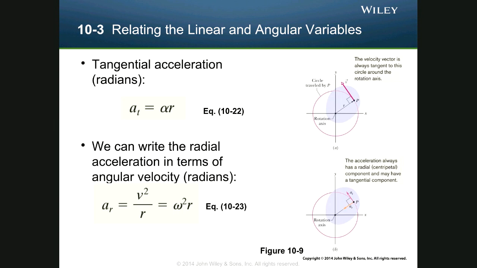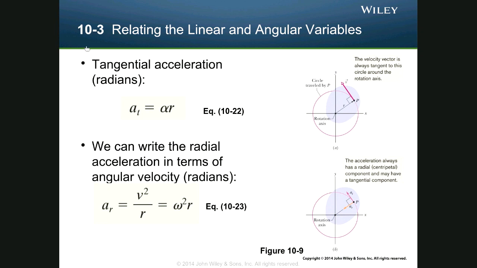And now we have the more formal version of the tangential acceleration, which we derived in the last slide: a_t equals alpha r, from just taking that derivative. But we also have a very different radial acceleration, all right? And you'll notice that the radial acceleration can be written in terms of omega as omega squared r. So let's try and prove that by substituting stuff in.